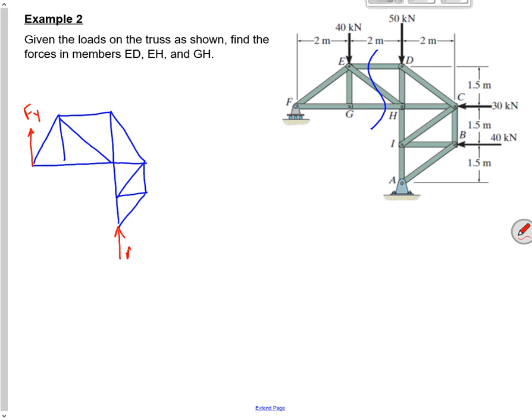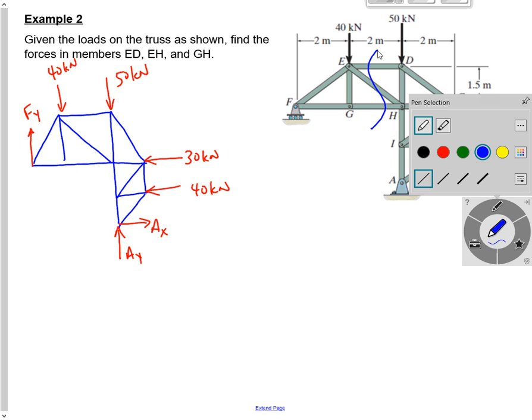There's also a reaction support here, and one here. I've got a load there. I've got a load there. I've got a load there. And this is a very sloppy picture. I should make that much neater, but it's the best I can do on this screen.